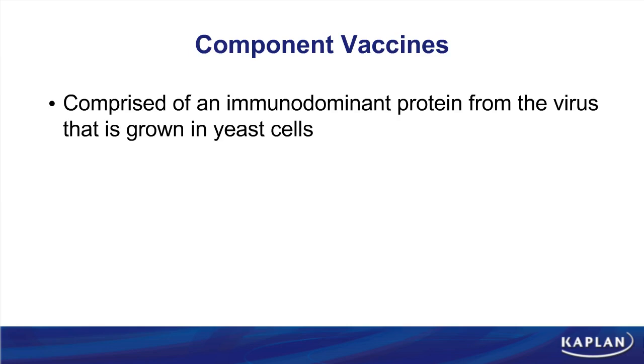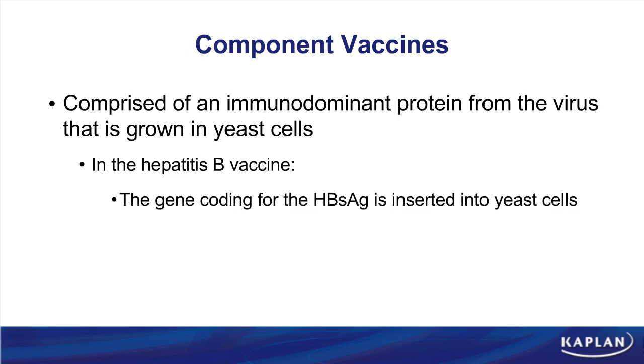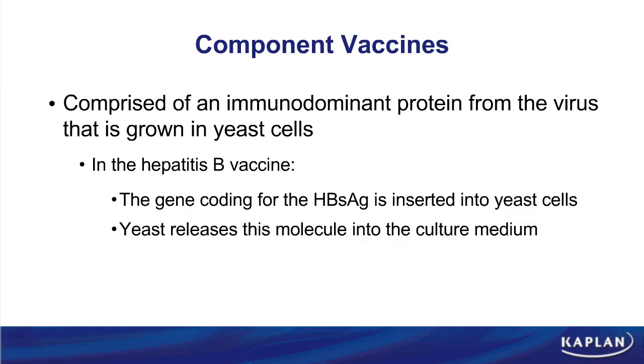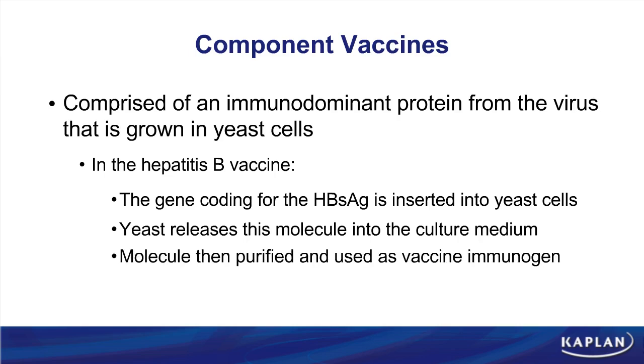So that gene for that protein is actually grown in yeast cells. And a really nice example of this is, of course, the hepatitis B vaccine, where we take the gene that encodes for the surface antigen and insert it into yeast cells. And the yeast releases that molecule into the culture media, and then we purify that and use that as a vaccine.